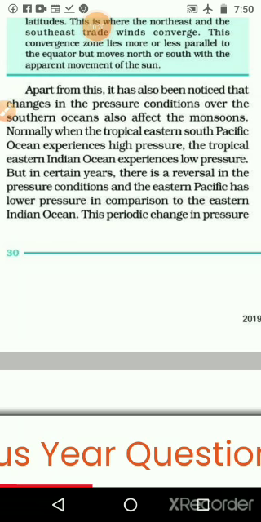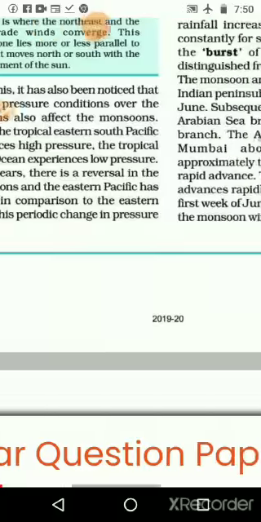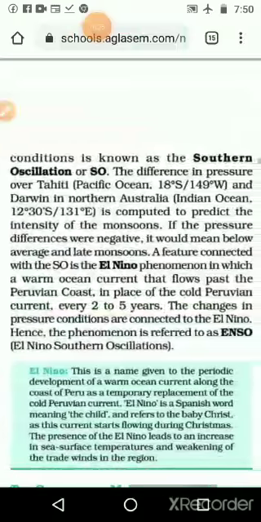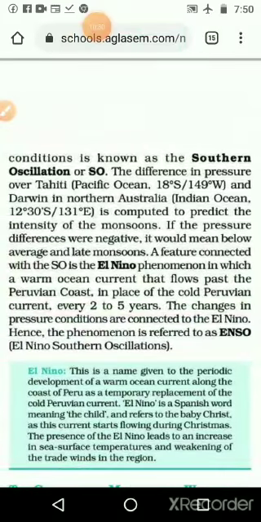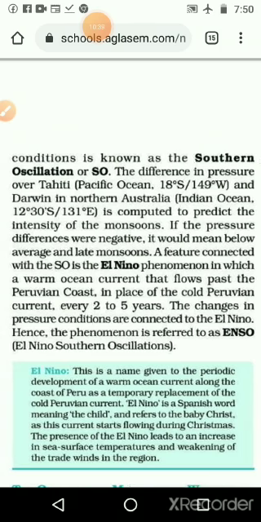Then this periodic change in pressure condition is also known as the southern oscillation, or SO. The change from the high pressure area of the Pacific Ocean to low pressure of the Indian Ocean, and after some years it will change, that is known as the southern oscillation, or SO.